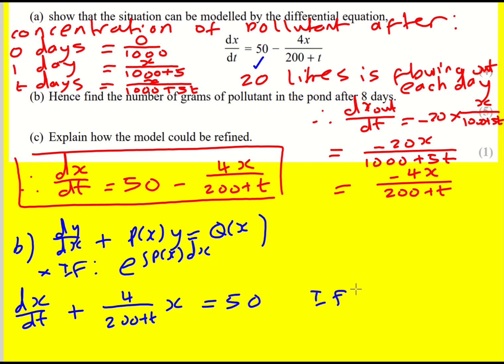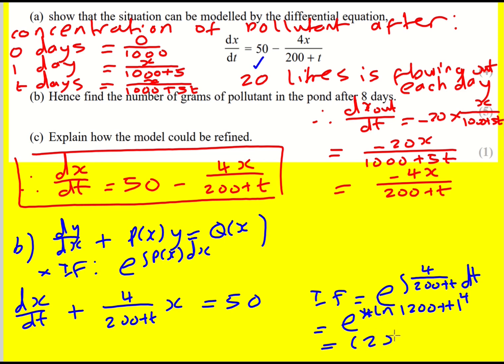So my integrating factor is going to be e to the power of the integral of 4 over 200 plus t, which is then e to the 4 ln(200 plus t). But I can bring that 4 up, and then I can undo the log, so I've got e to the ln, so it will become (200 plus t) to the 4.